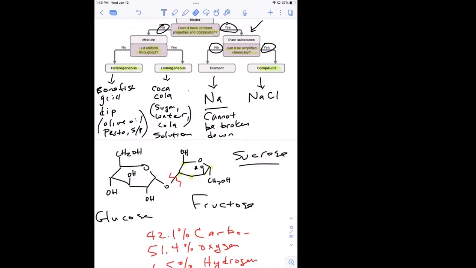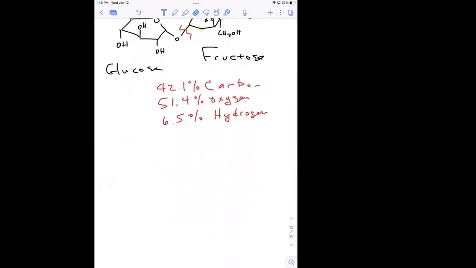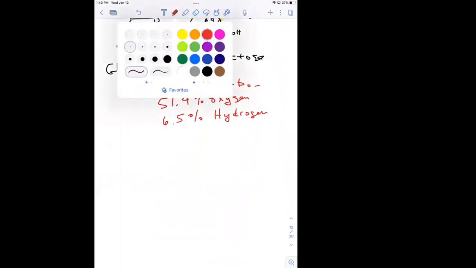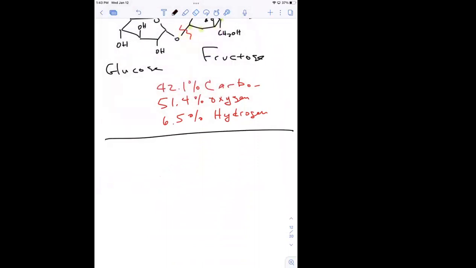And if you look at sucrose, you can see it's made of two separate molecules. So that means that you can chemically break that apart and break it down into its components. All right. So what we know about this, we know a couple of things. We know that elements combine to make compounds. That's something that we can say very definitively. Right, elements combine to make compounds.